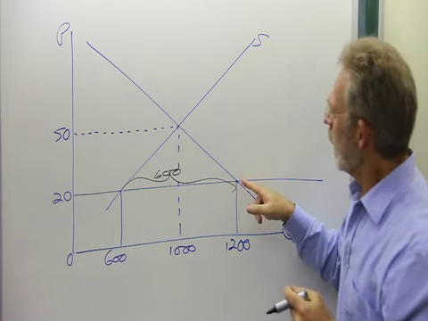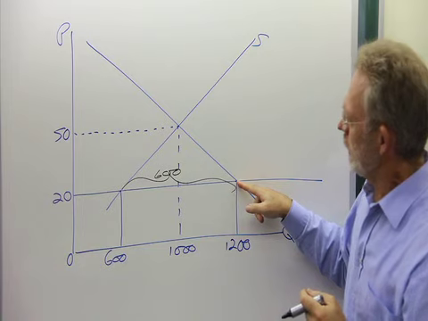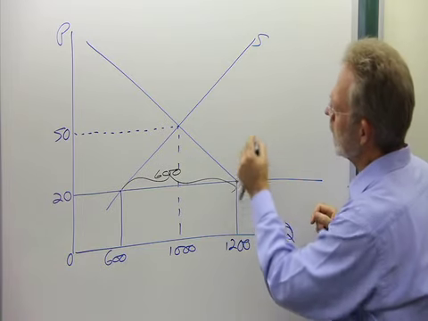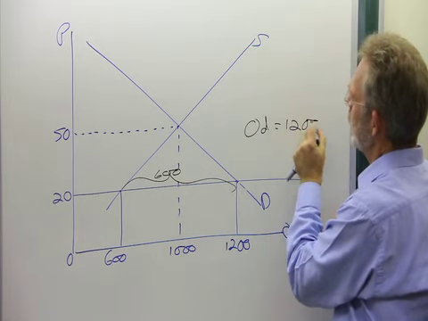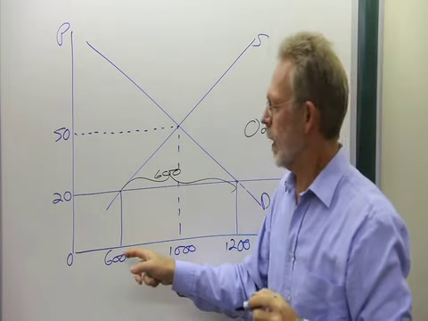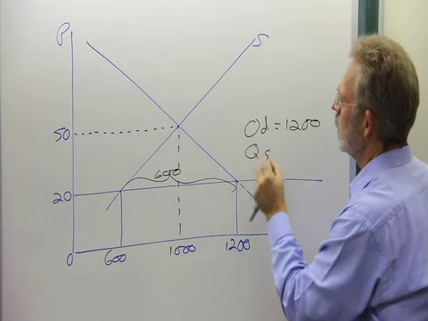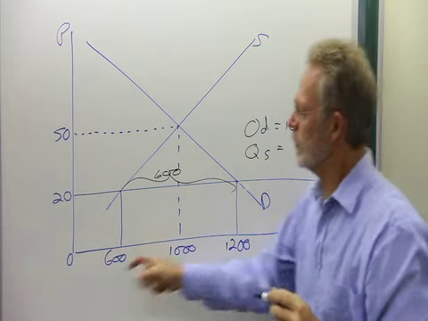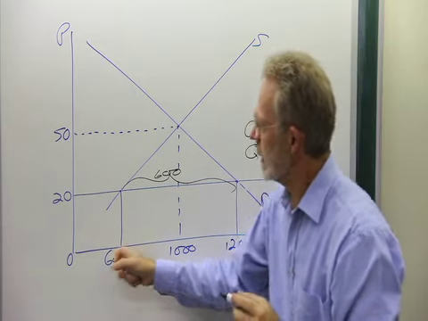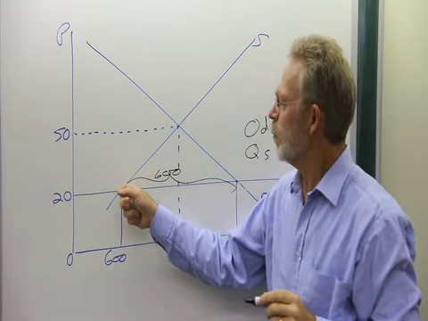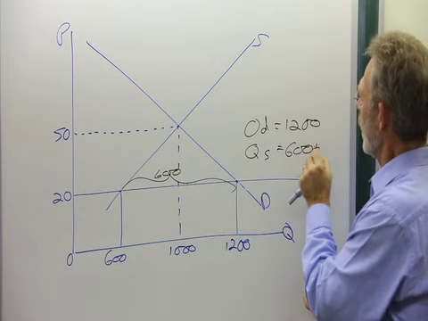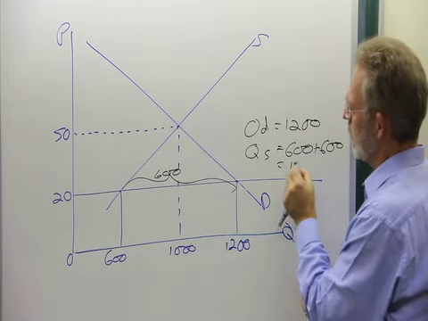So, at a price of 20, quantity demanded equals 1,200, and quantity supplied, well, that's also 1,200, of which 600 is the value of local production plus the imports of 600, that's 1,200.